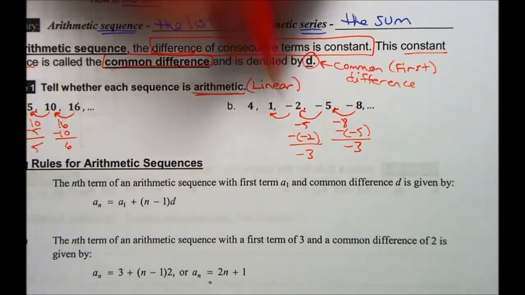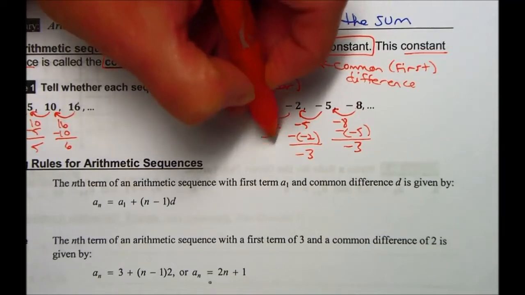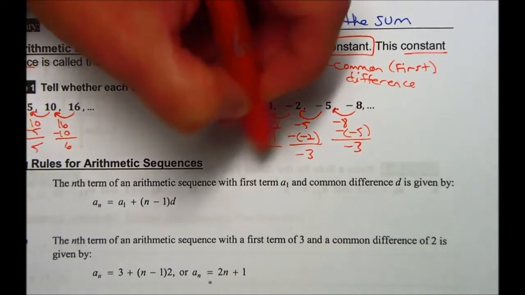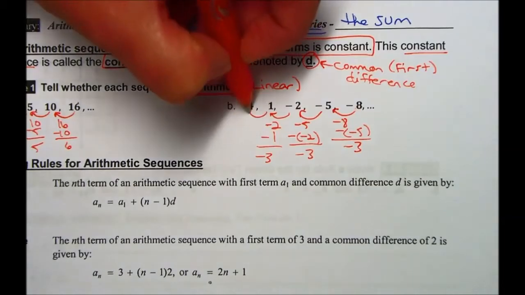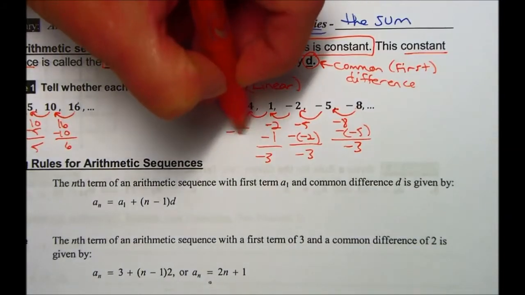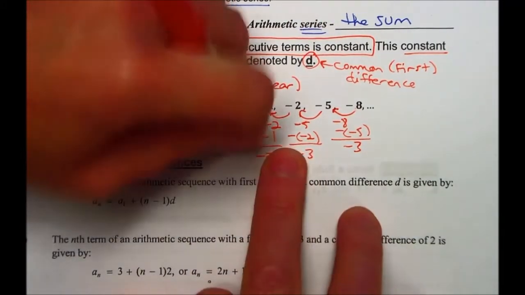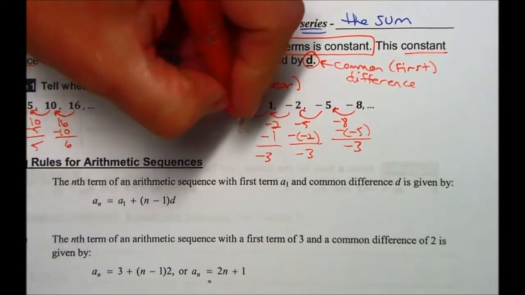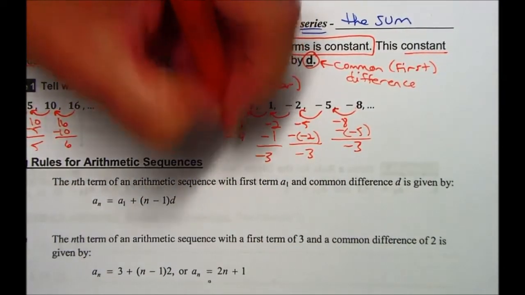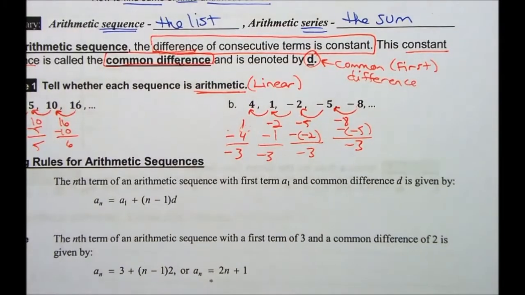And then when we look at the next set, negative 2 minus 1 is negative 3, and 1 minus 4 gives you a negative 3 also.